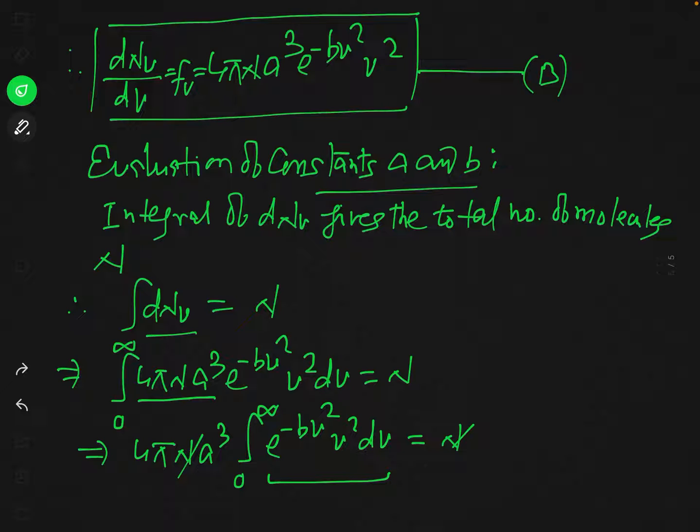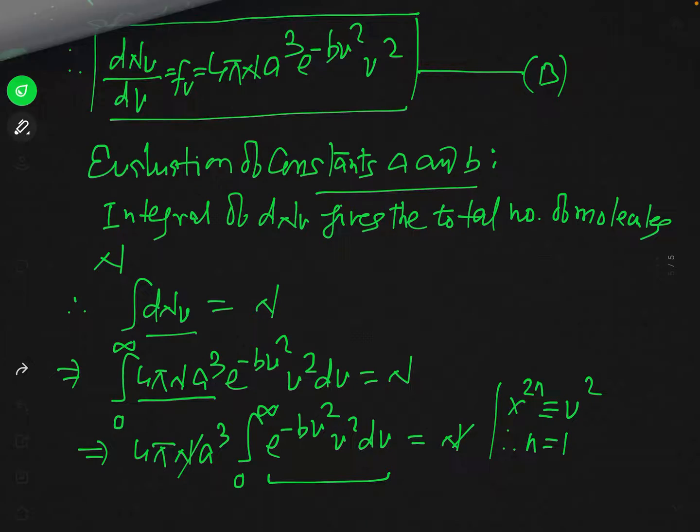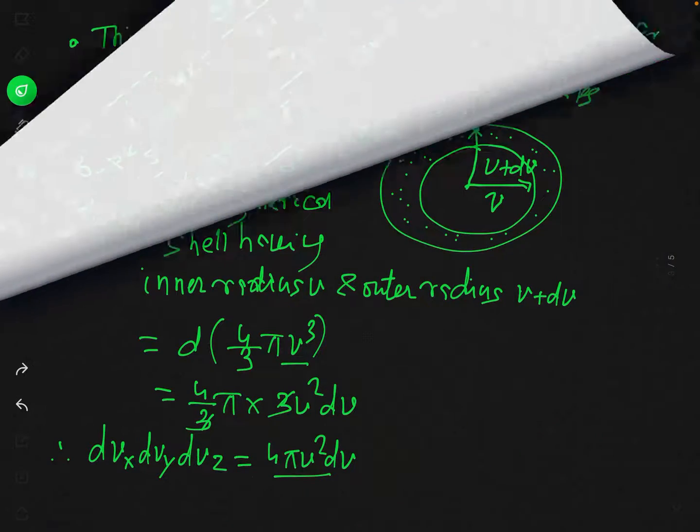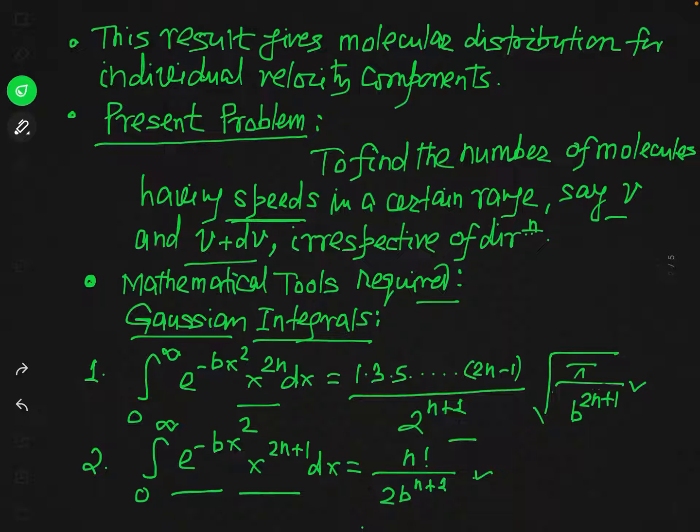When you use that formula, x raised to the power 2n is equivalent to v square, and therefore n is equal to 1. So we will take n equal to 1 in this Gaussian integral.